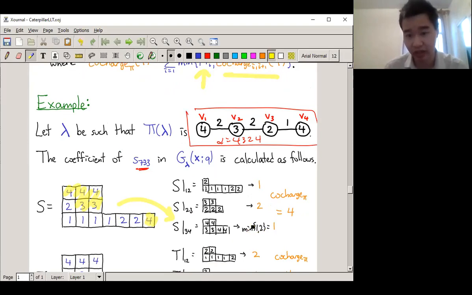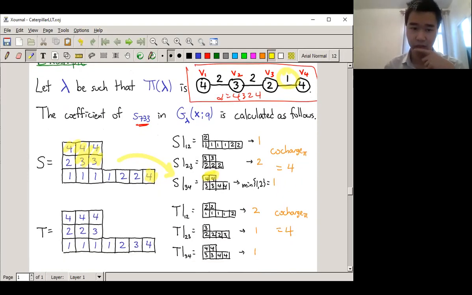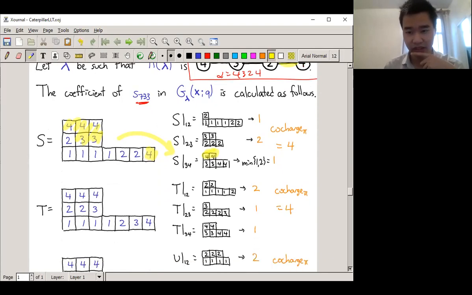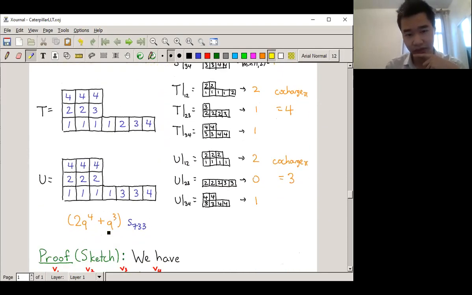So in this case, even though I've got 2 cells here, because that edge weight is only 1, I only get 1 for this. So I add those up and I get a co-charge of 4 for S. Similar thing for these other tableaux, and it gives me the coefficient of this Schur function.